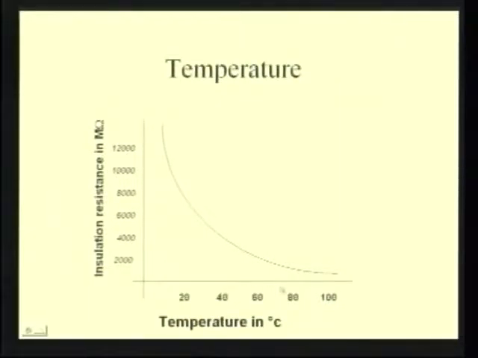As the temperature goes on increasing, the resistance goes on decreasing. This is in case of insulators, and hence insulators are said to have negative temperature coefficient. Here we see in the graph, when the temperature is less, the resistance is high. It goes on decreasing as the temperature increases.